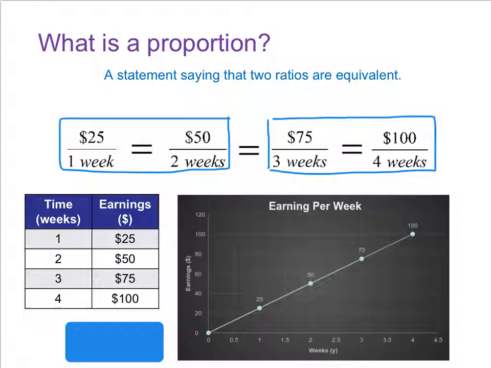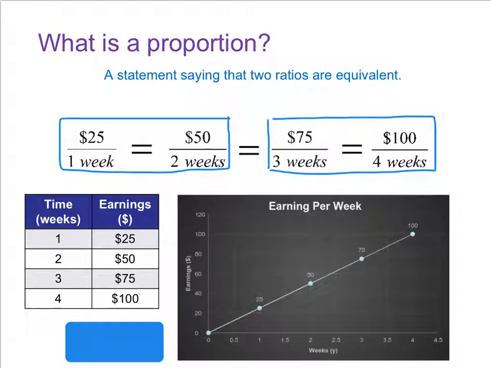So now as we look at the graph, you can see that my x-axis is my time in weeks, and my y-axis is the earnings in dollars. And I've got the points $25 in 1 week, $50 in 2 weeks, $75 in 3 weeks, and $100 in 4 weeks. Notice my graph is a straight line and it starts at 0, 0.